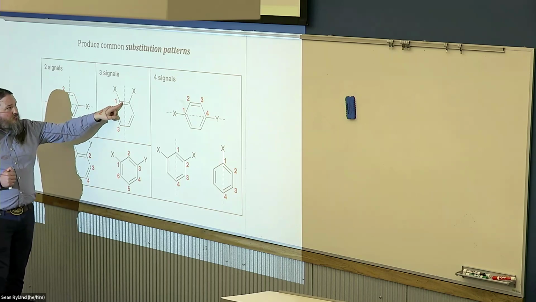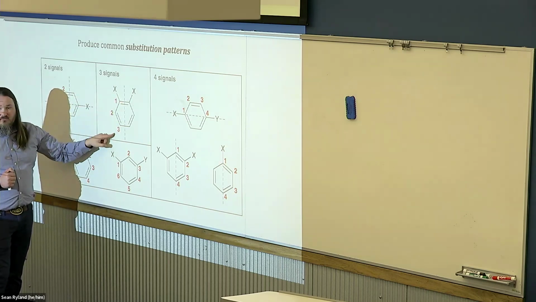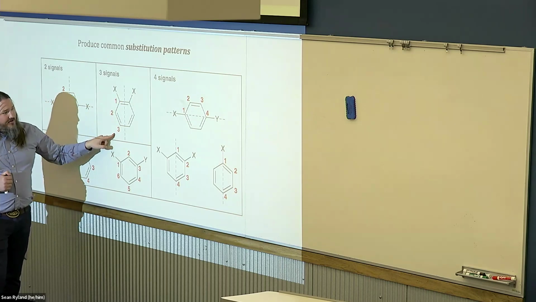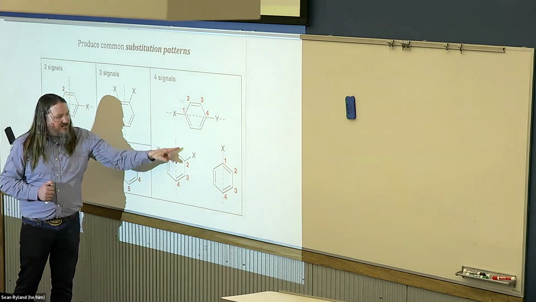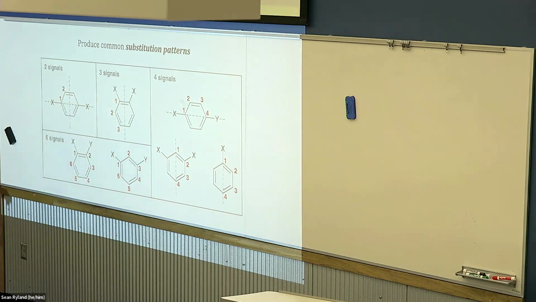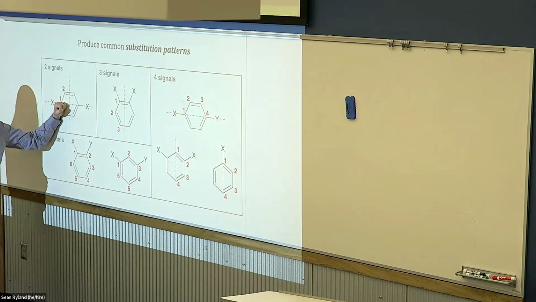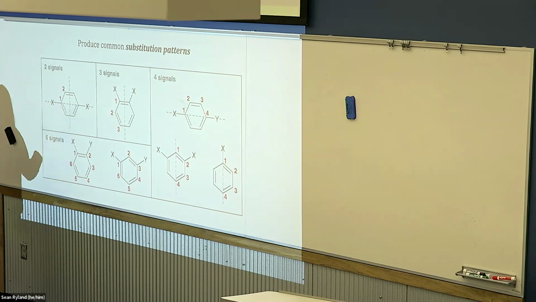If they're ortho relative to each other, you should get 3 signals. And if they're meta and the same, we should get 4 signals. So knowing that you have 2 of the same substituent, we can use that pretty easily to figure out what the substitution is with the carbon NMR, because it gives us better resolution and we don't wind up with the splitting overlapping with each other.